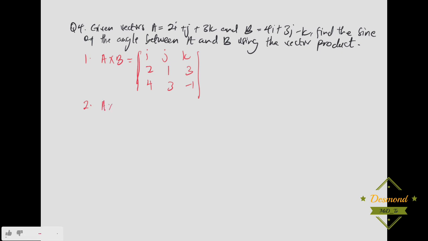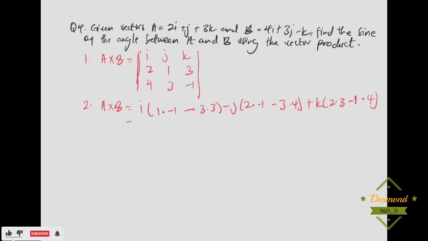So with the determinant, we have I multiplying 1 times negative 1 minus 3 multiplying 3, then minus J multiplying 2 times negative 1 minus 3 multiplying 4, plus K multiplying 2 times 3 minus 1 times 4.